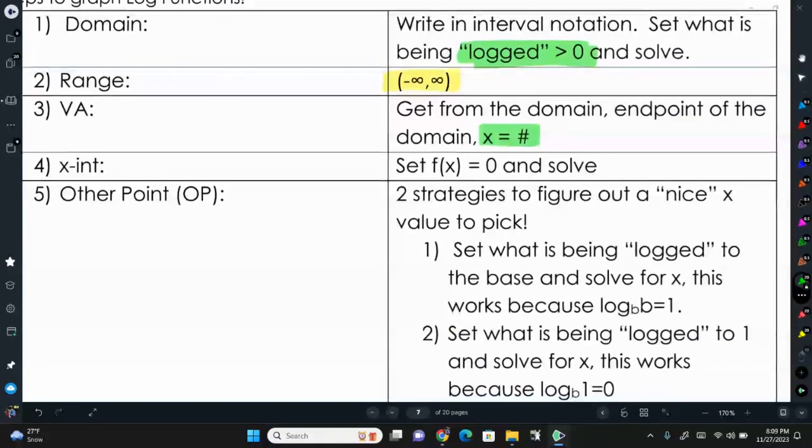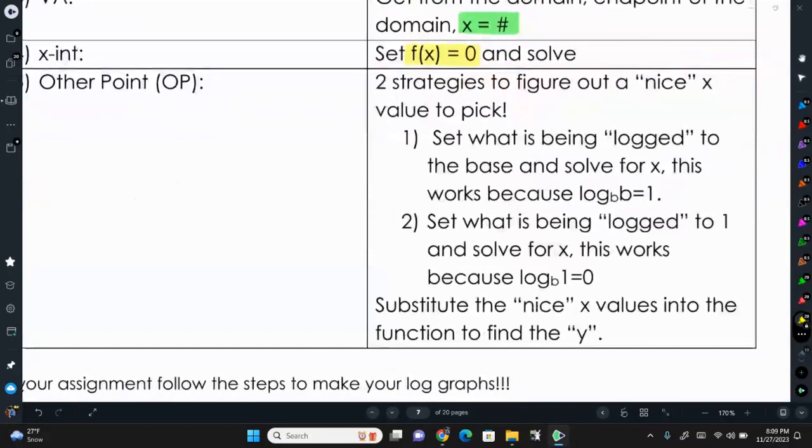Now to find the x-intercept, we're going to set the equation equal to 0 and solve. So that will give us our first point. And then to get our second point, we have two options. One option is to set what is being logged equal to the base and solve for x.